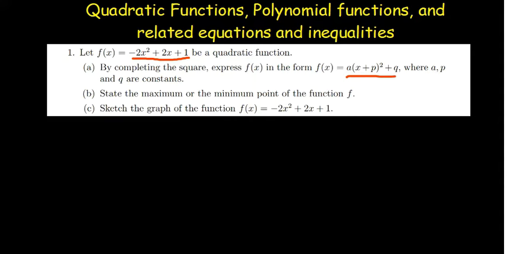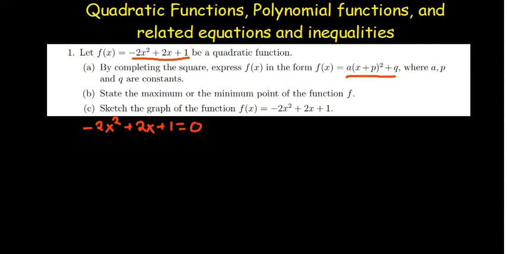So there are two ways that we can handle that part. The first way is by completing the square, as the question states. Okay. So how do you go about that? Our quadratic function itself has been given to be negative 2x squared plus 2x plus 1 is equal to 0.